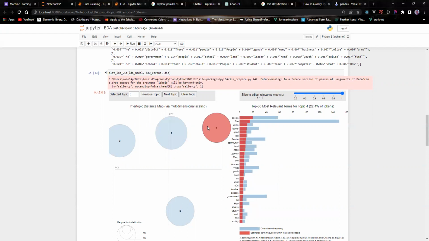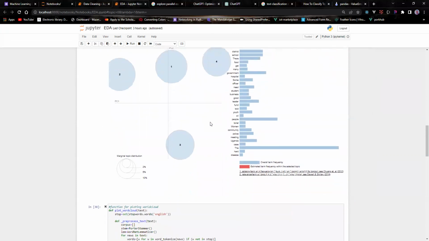As you go on, you see that certain words keep on reducing in certain topics as others increase, and the increasing words are the ones that form what the topic is about.